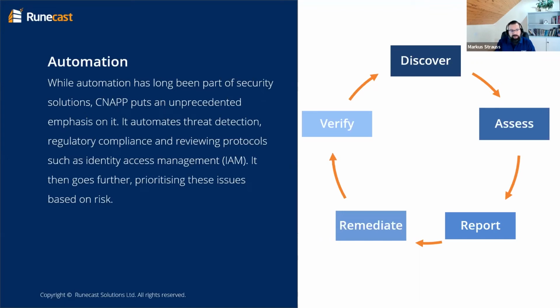So when you look at the vulnerability cycle here, or the security cycle here, really what we're looking at is, we have to be able to discover, assess, report, remediate, and verify, all in an automated fashion. And again, we need to elevate the way we think about this away from single deployment to entire estate, right?